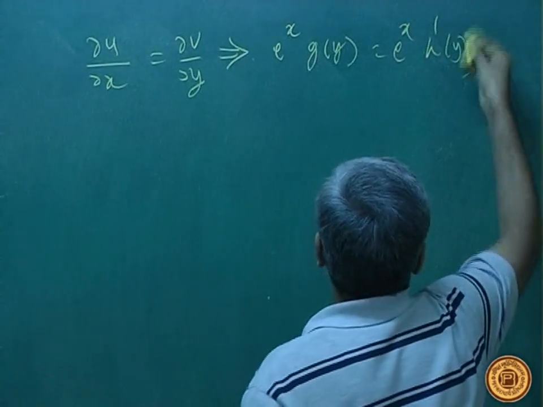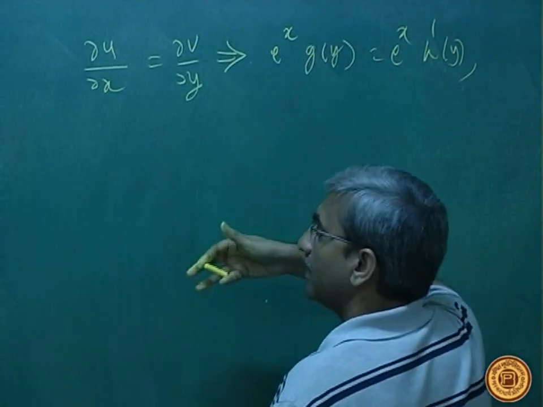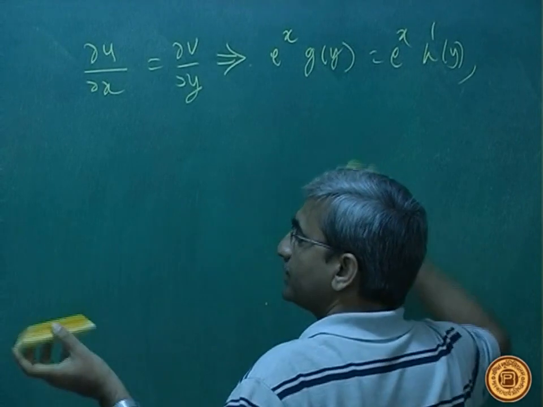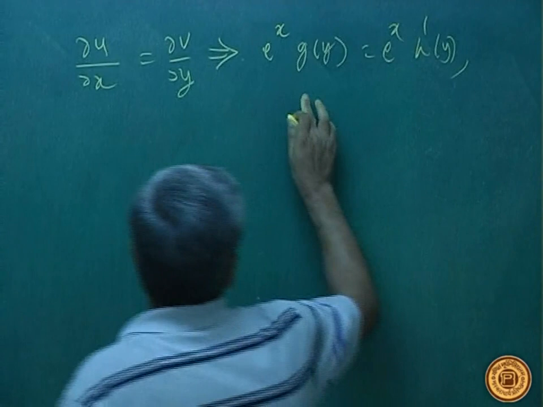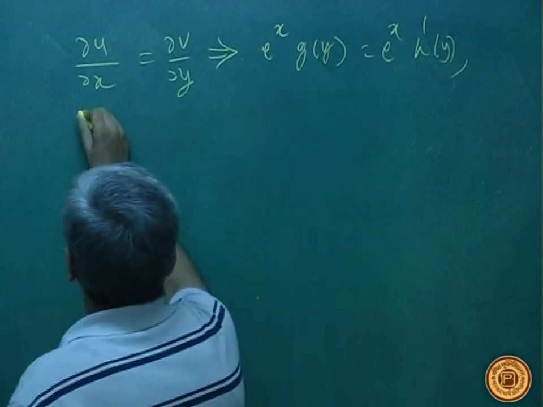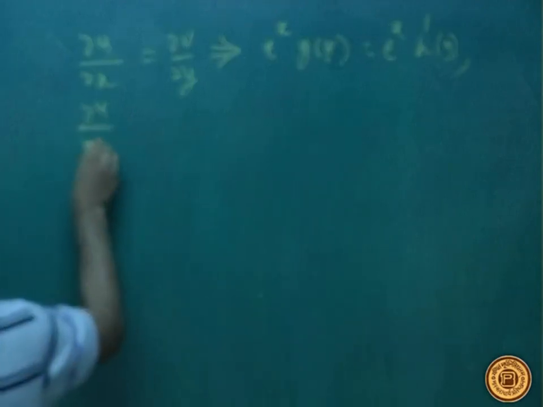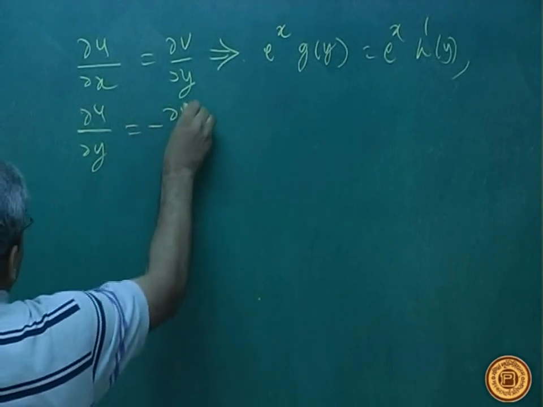Remember, this is true for all x, y. I am not writing that anywhere, but since this is an entire function, Cauchy-Riemann equations hold everywhere. So this is one equation I get, and ∂u/∂y is minus ∂v/∂x.